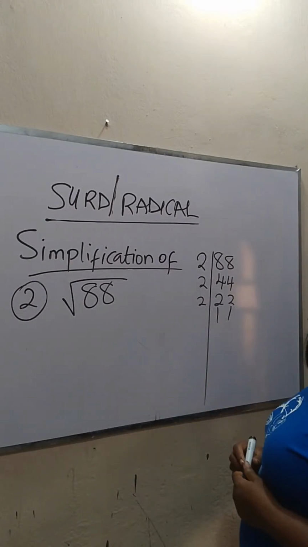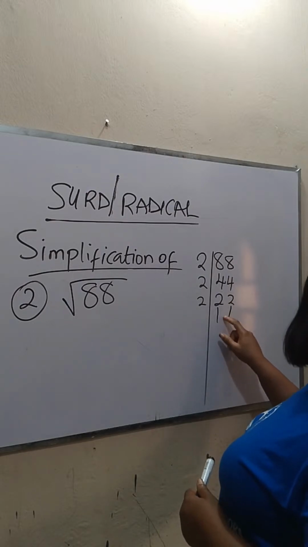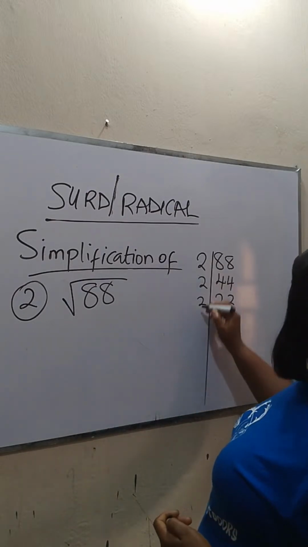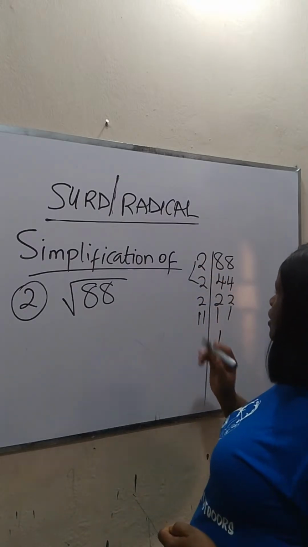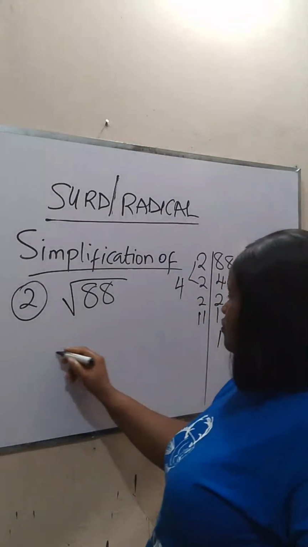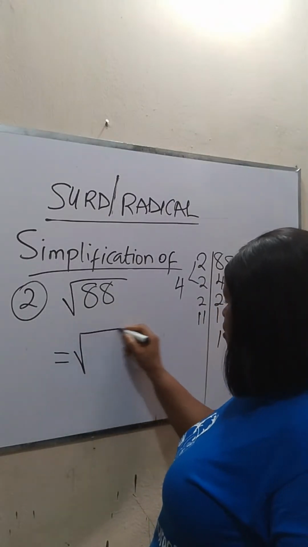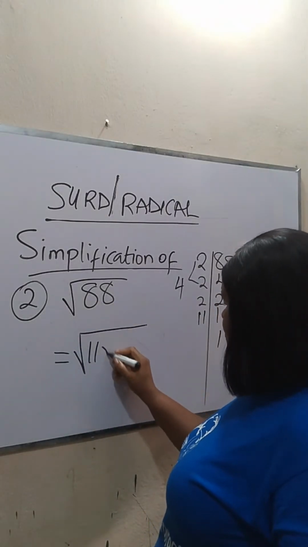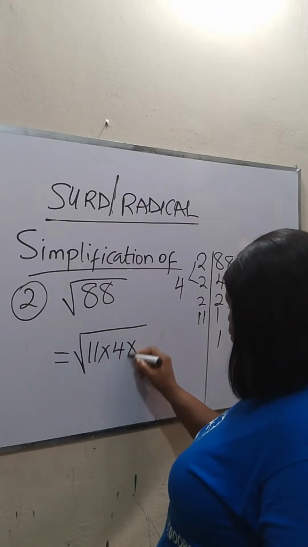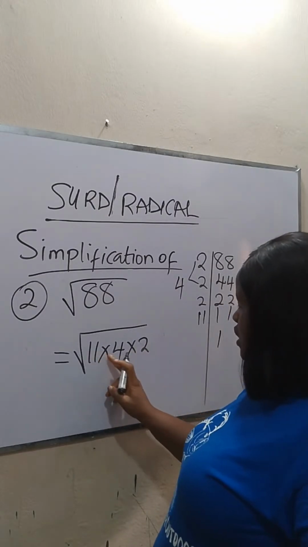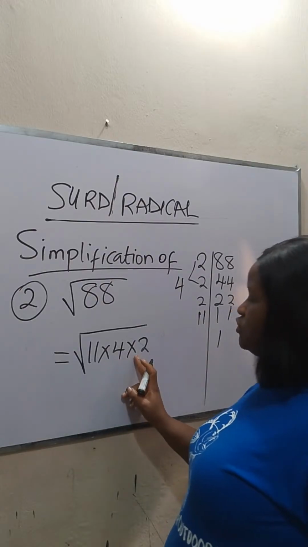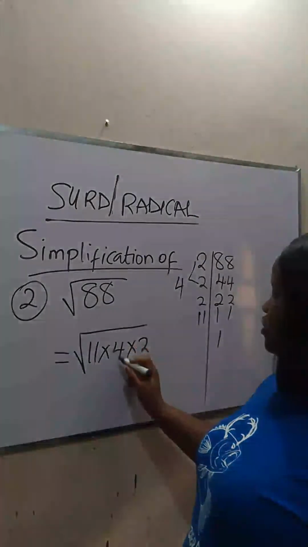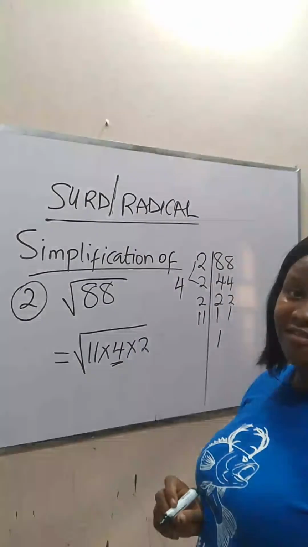Okay, so we have 11, and we have 1. So we only have this pair here, and that is 4. So in the whole basket, you have 11 times 4 times 2. So 11 times 4 is 44, times 2 is 88. So it's correct. So this is the only perfect square we have there.